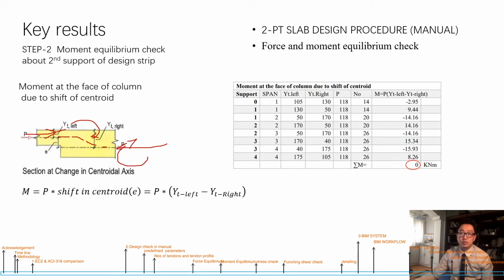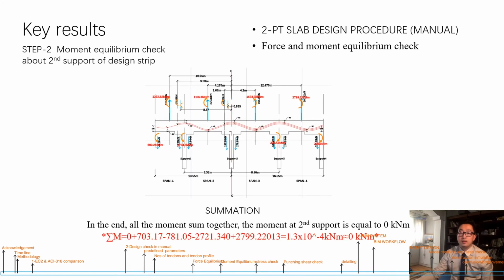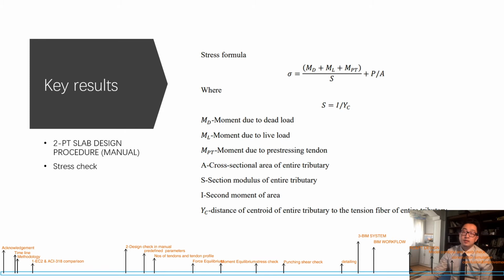So we need to balance this moment also. Okay, next slide. After summation of all four types of moment, the whole span moment should be approximately equal. Then we are done with moment checking.